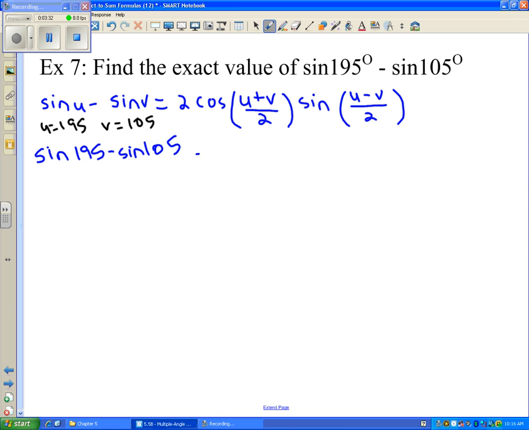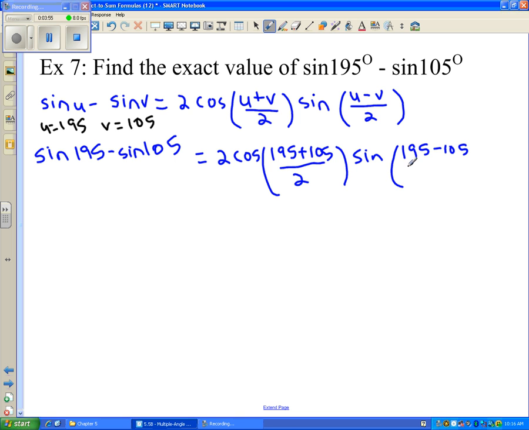So that makes this equal to 2 times the cosine of 195 plus 105 over 2, times the sine of 195 minus 105, also over 2.